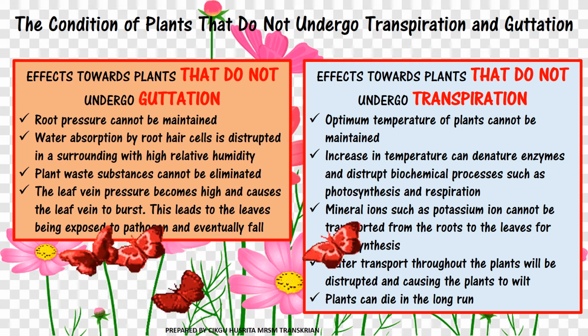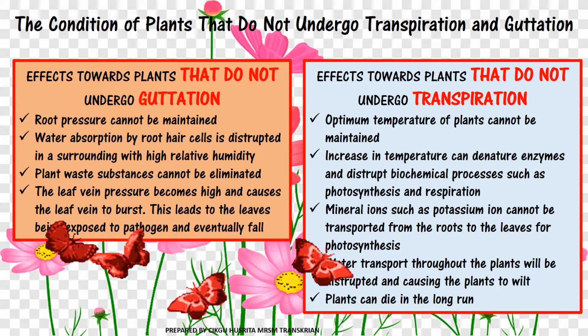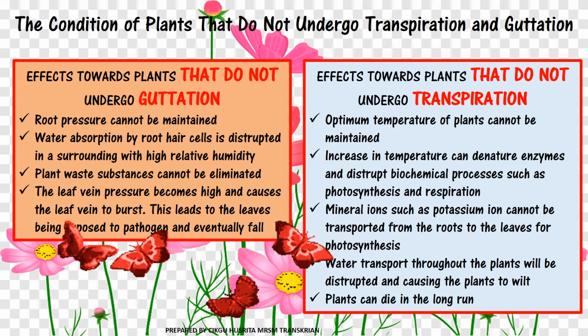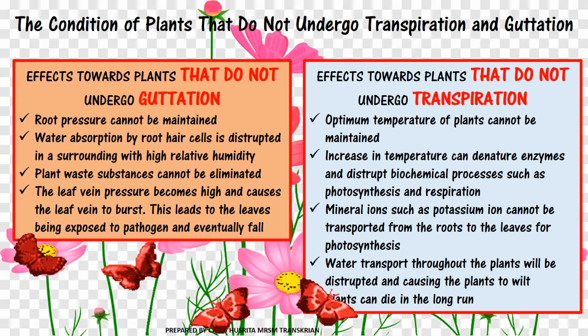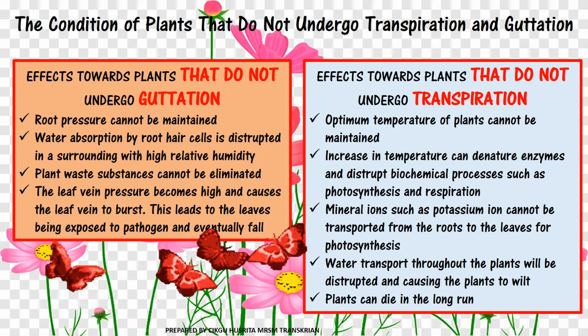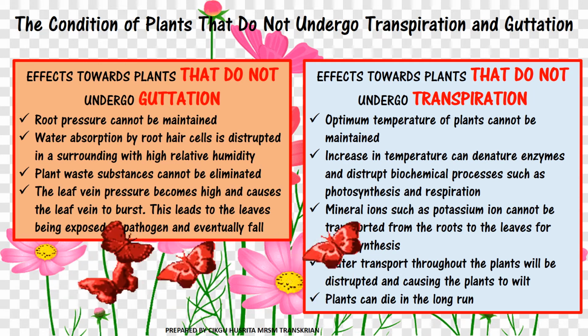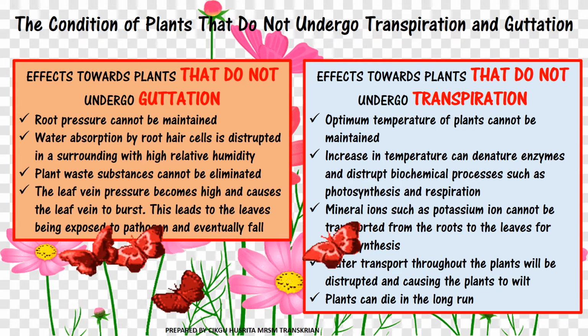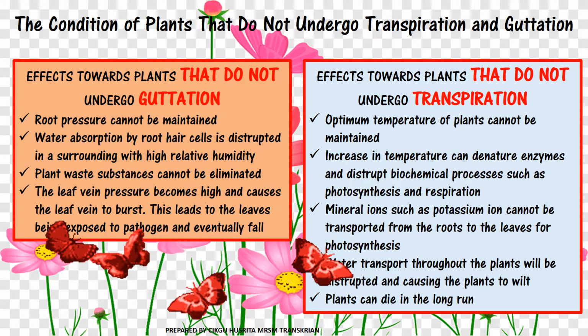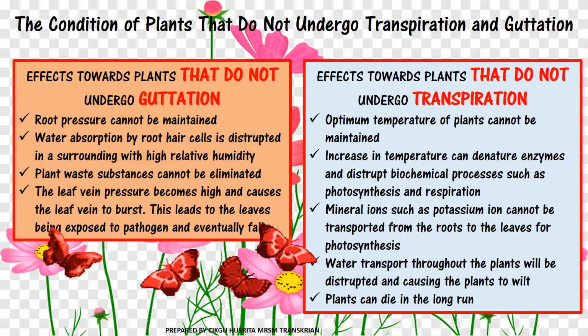So the plant cannot undergo photosynthesis and respiration. And the third one, mineral salts such as potassium ions cannot be transported from the root to the leaf for photosynthesis. Water transport throughout the plant will be disrupted, causing the plant to wilt.